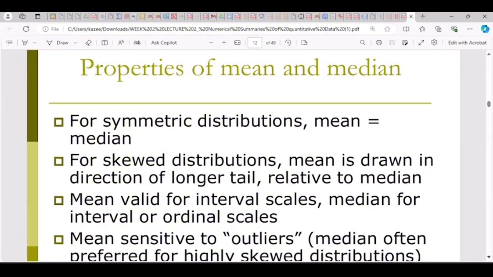Where the mean is greater than the median and the median is greater than the mode, your data has a positive skewness. But if the mean is less than the median and the median is less than the mode, then you have a negative skewness.